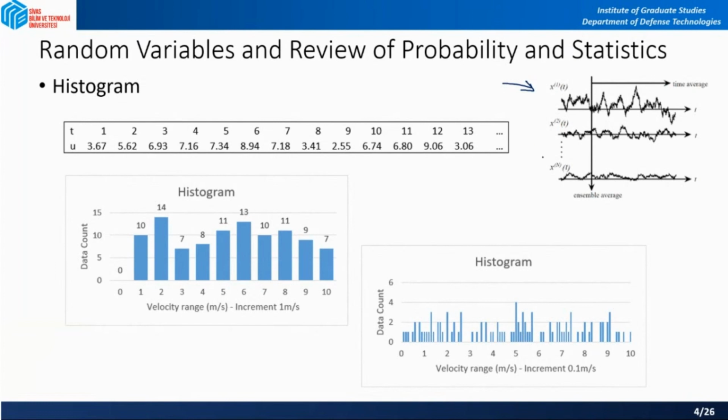After this, we will start applying a statistical averaging process to our fundamental equations of motion. So let's see what a histogram is. How do you actually calculate the probability density function, and how do you determine which function? Is it Gaussian?